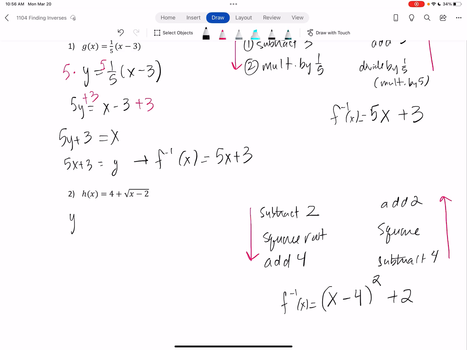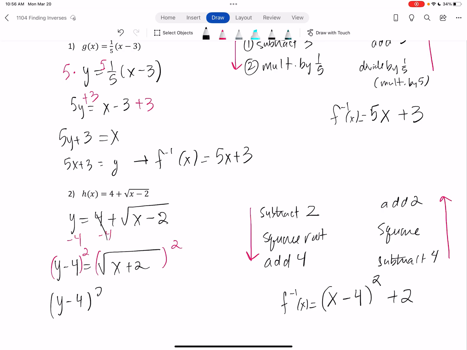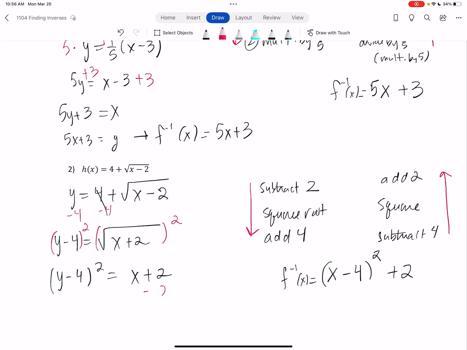If I do it algebraically, I'm going to say subtract 4 from both sides. Y minus 4 is square root of x minus 2. Square both sides. Y minus 4 squared is x minus 2.